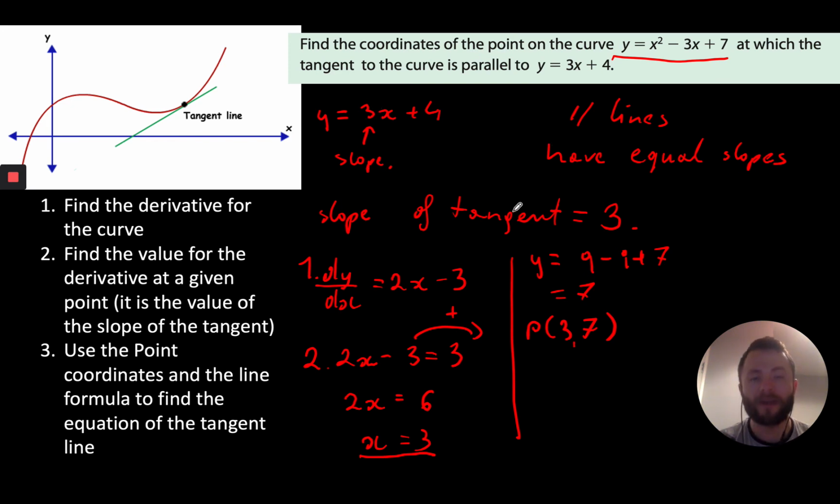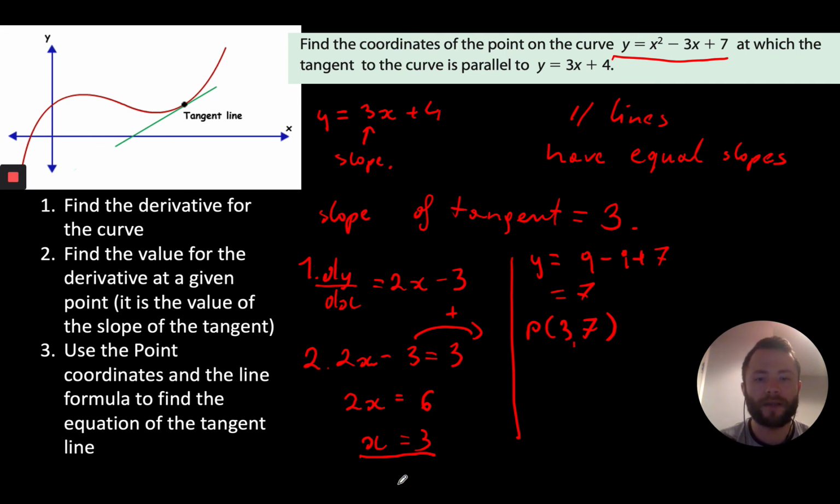If you identify the value of the slope, it is the same as the value of the derivative at that given point. So by finding the derivative and setting up an equation, you can find the x coordinate of the point where the tangent is parallel to a given line.